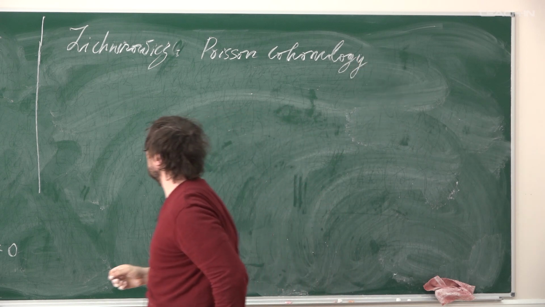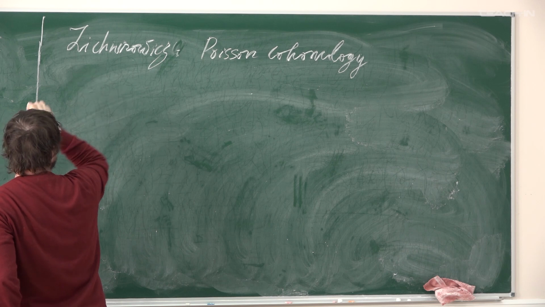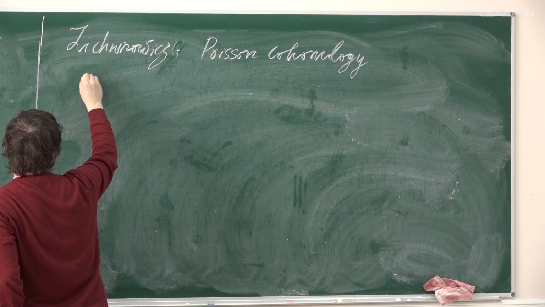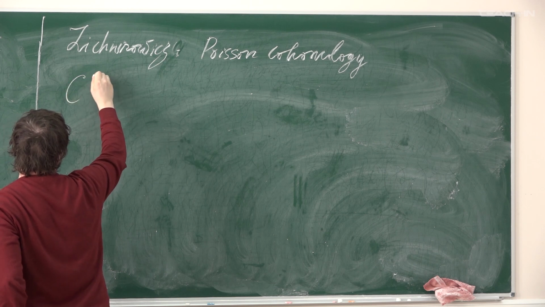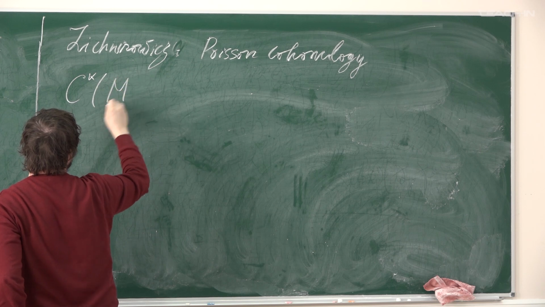So we consider the following chain of vector spaces C^k(M).